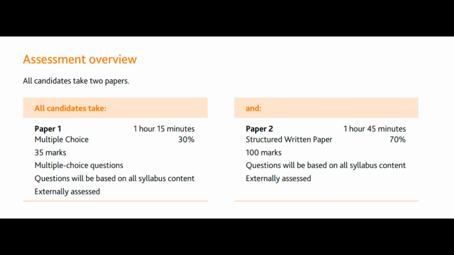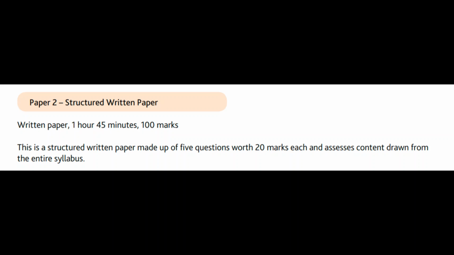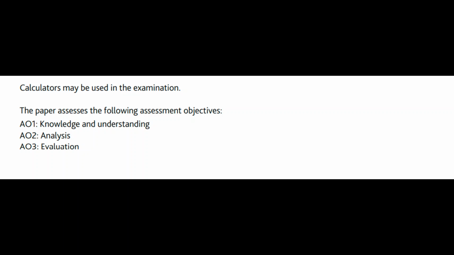Questions will be based on the entire syllabus. So we don't have any specific thing for that. Of course, we need to prepare the whole syllabus for that. Paper 2, on the other hand, is our structured paper. That is, we will have to attempt questions there. We'll have to solve the question, fill the format, so on, so forth.